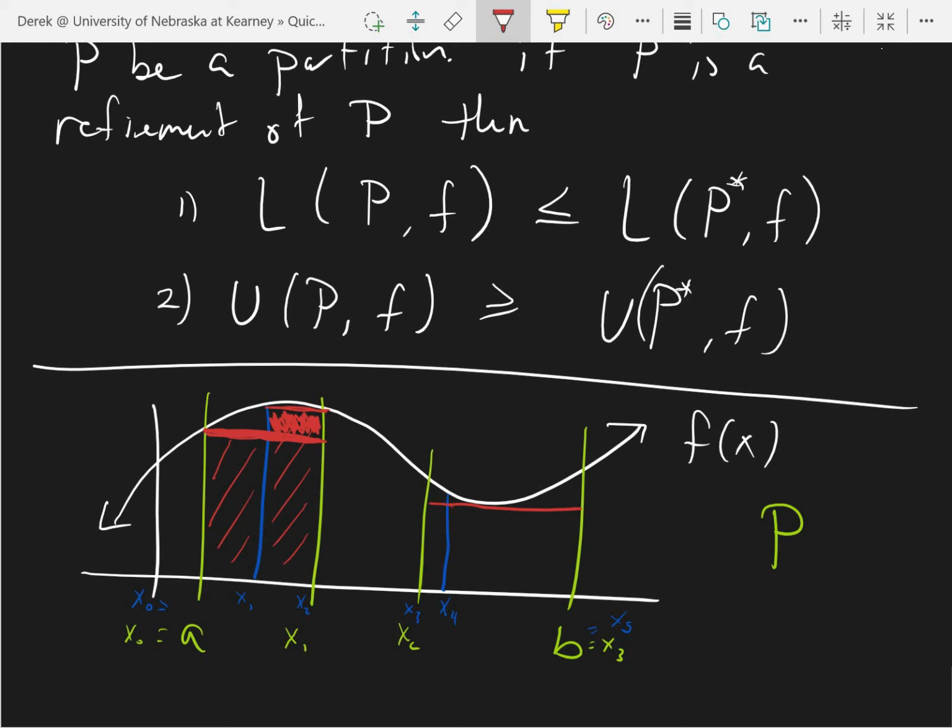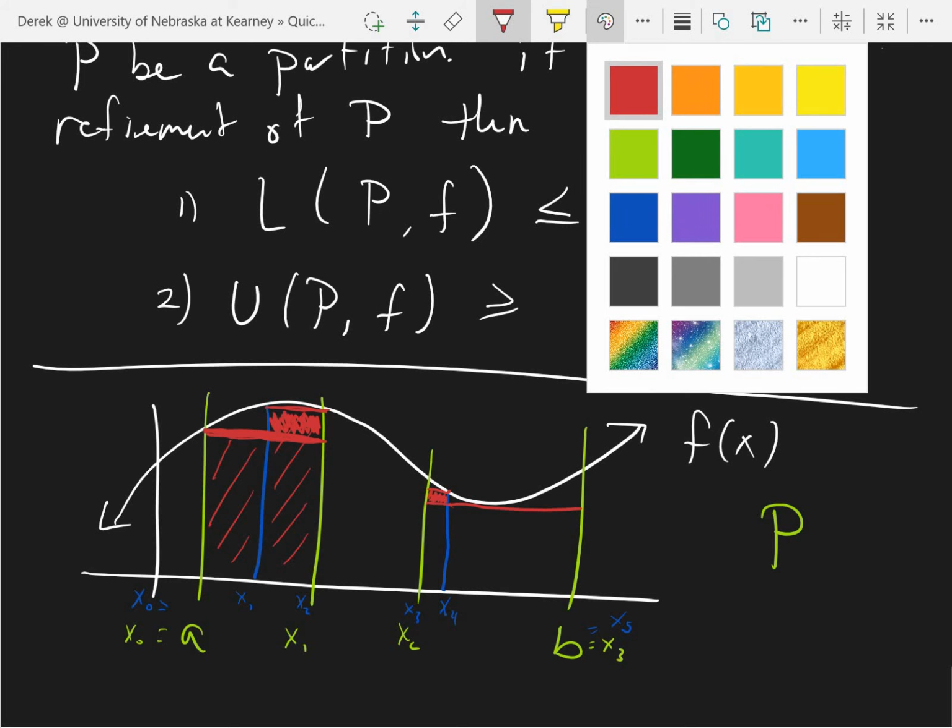What it would have been was that, but what it is now is I've added this extra stuff to the lower integral. So the lower integral gets bigger when you add more points to the refinement, and similarly the upper integral gets smaller.